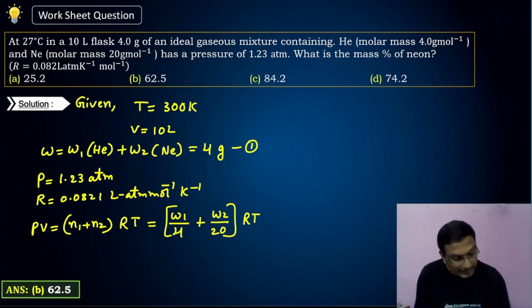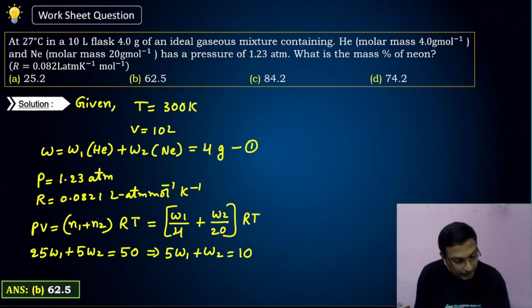So from this 25 W1 plus 5 W2 equal to 50, or 5 W1 plus W2 equal to 10. Say this is expression 2.